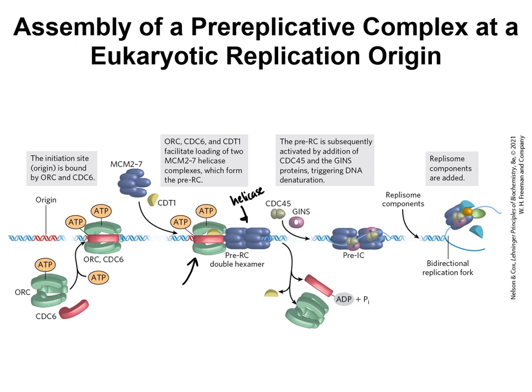Then the remaining replisome components are added. You need DNA polymerase and some other things. You make that bidirectional replication fork, and then you get going.